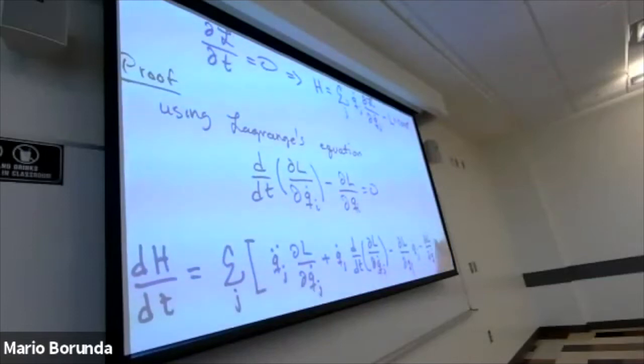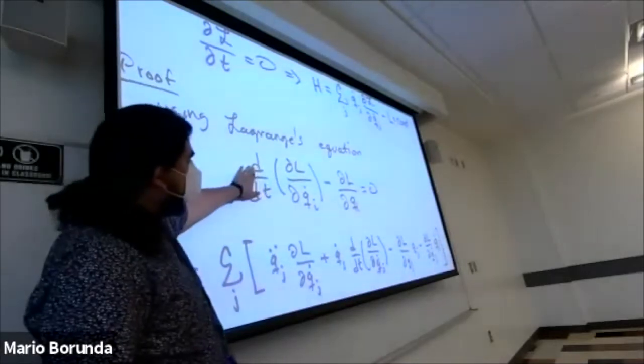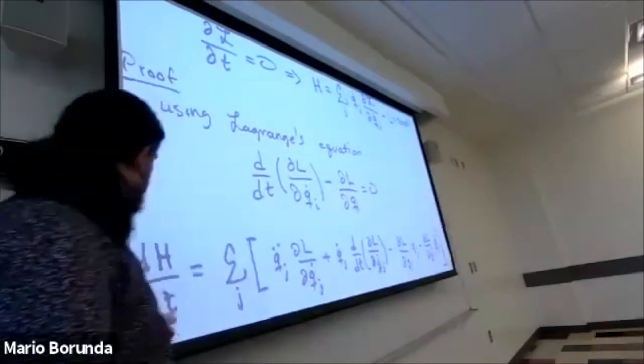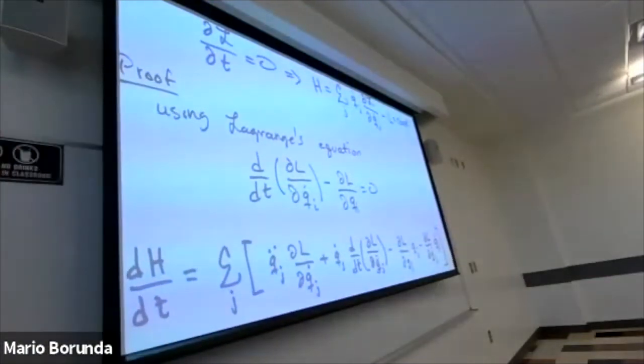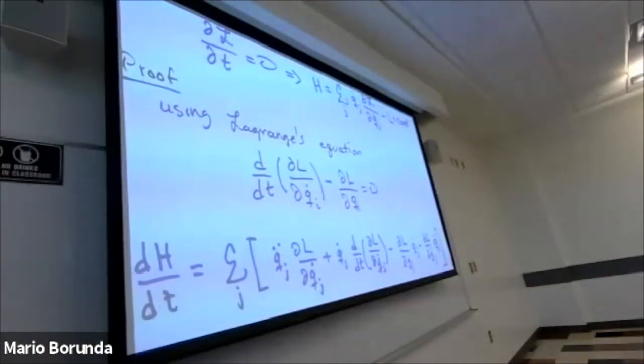And this one is this. And then for this long thing, if this Lagrange equation is to hold, you see that this time derivative is 0.